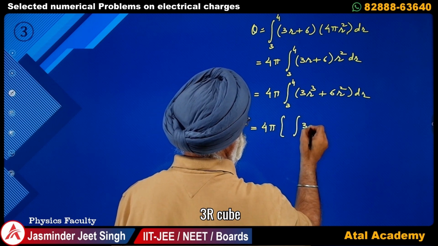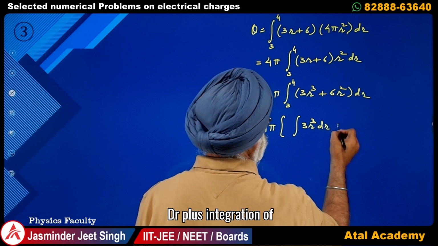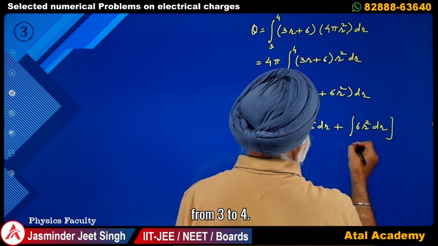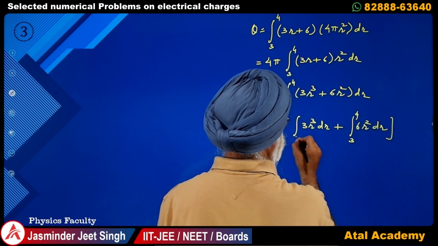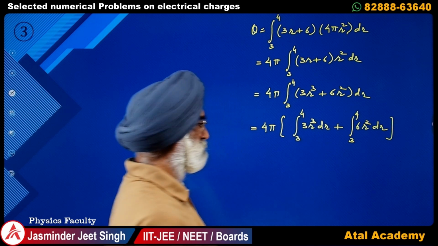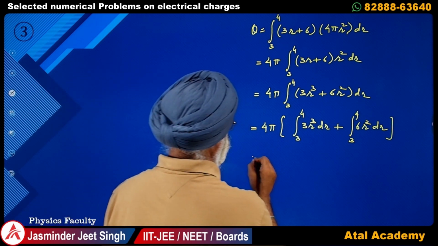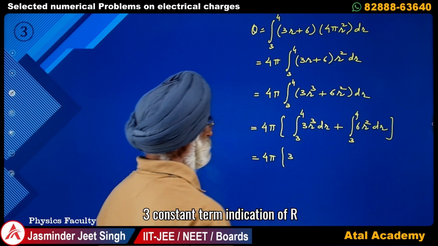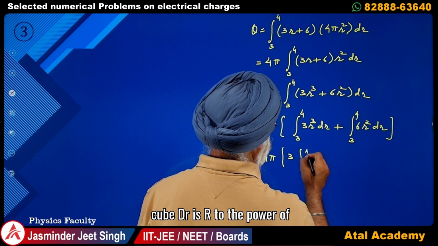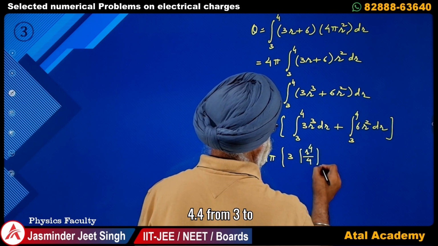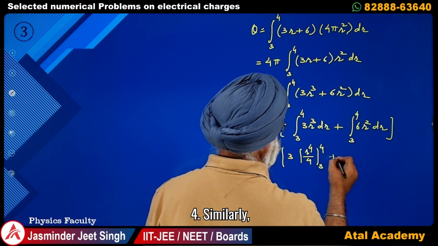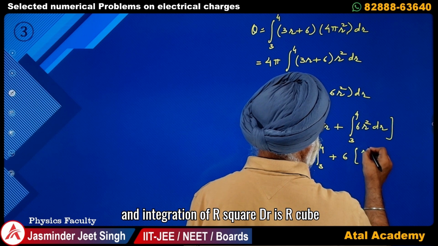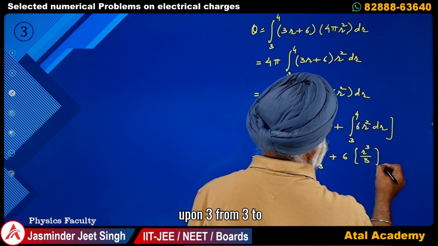Integration of 3r cube dr plus integration of 6r square dr from 3 to 4. Here we can take out the constant 3. Integration of r cube dr is r to the power of 4 upon 4 from 3 to 4. Similarly, 6 and integration of r square dr is r cube upon 3 from 3 to 4.